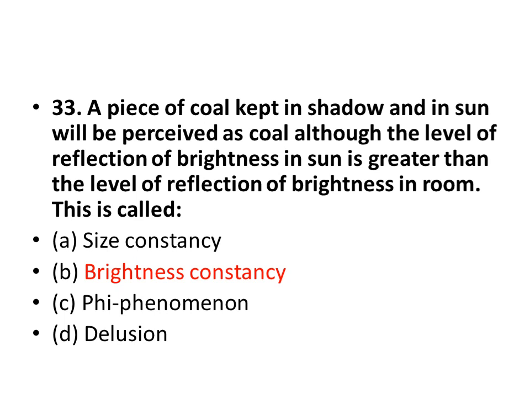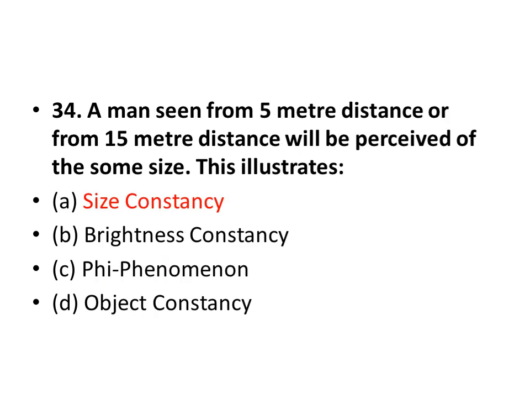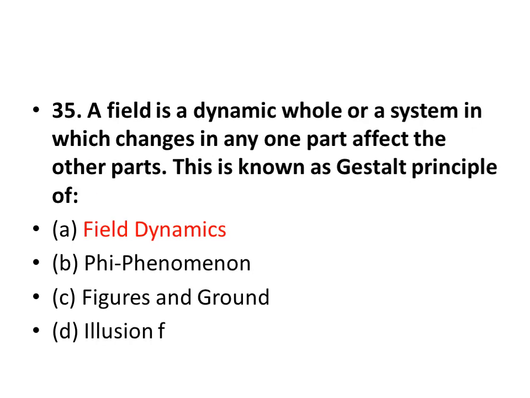This is called brightness constancy. A man seen from 5 meters distance or from 15 meters distance will be perceived as of the same size. This illustrates size constancy.